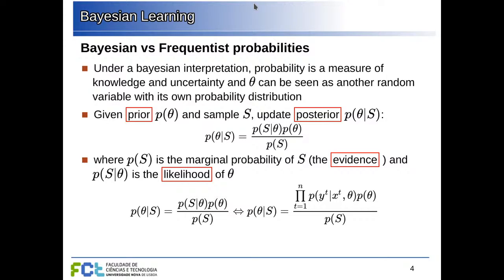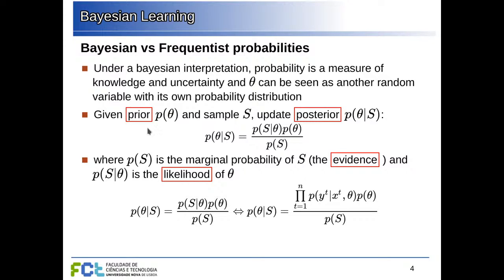It doesn't matter if that something is truly random or just unknown, or even if there is no difference between the two. We just are expressing knowledge and uncertainty. So we can consider that the parameters we're trying to find also have a probability distribution, because that expresses the uncertainty about what those parameters are.